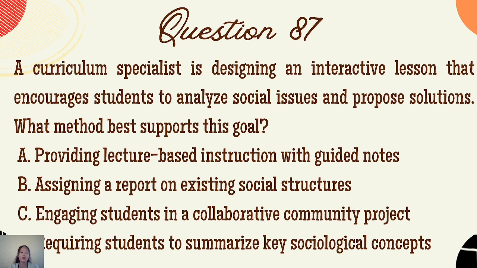So this option is again not correct. For option D, summarizing concepts. Understanding isn't enough. Action is needed. By merely summarizing concepts, it doesn't really answer the question. So the correct answer again for number 87 is letter C.